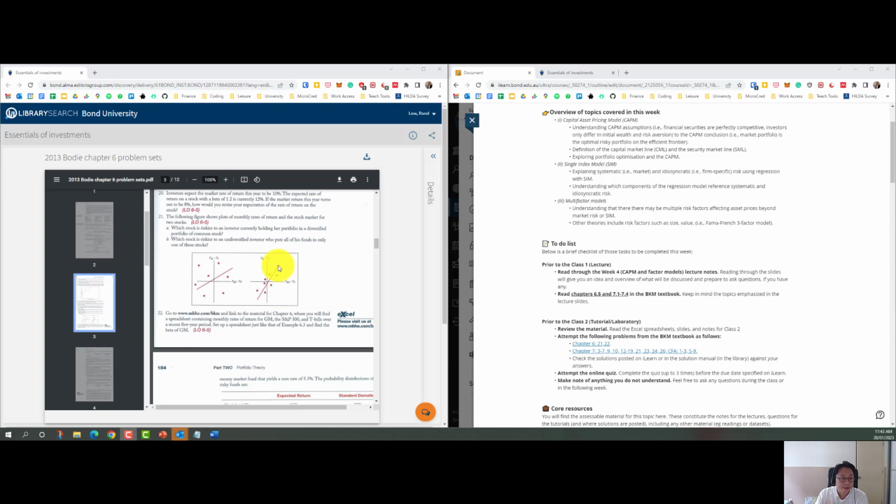Okay, so part B. Which stock is riskier to an undiversified investor who puts all of his funds in only one of these stocks? Right? So basically, if you're an undiversified investor, you're not exposed so much to systematic risk, you're actually exposed to firm-specific risk.